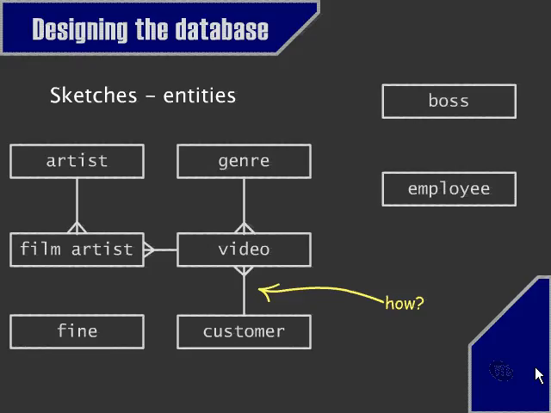Therefore, since the video is an entity of its own, we end up with the situation in which the information on one particular row on the video table is going to have to be duplicated for each copy of the video we have in stock. This has got to be a bad thing. This could lead to error, leads to redundancy, and if for any reason we have to update anything about one copy of the video, we'll have to go through manually and change the information on each copy of the video.